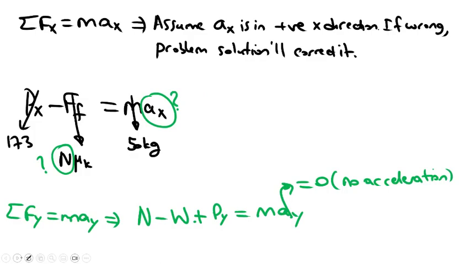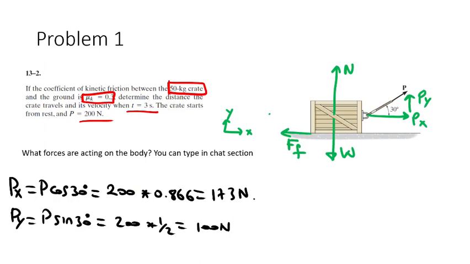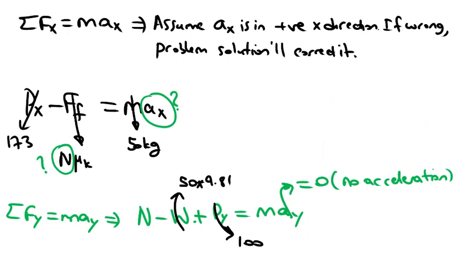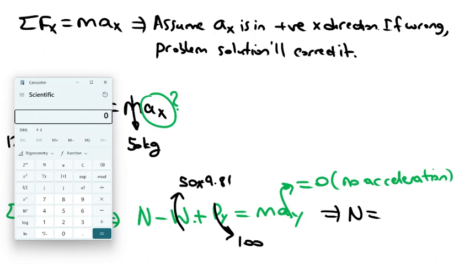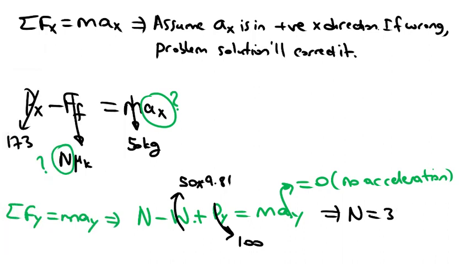The weight is 50 times 9.81, and Py was 100. If you solve this, you will get N as 50 times 9.81 minus 100, which makes 301 newtons. Okay, we got N.